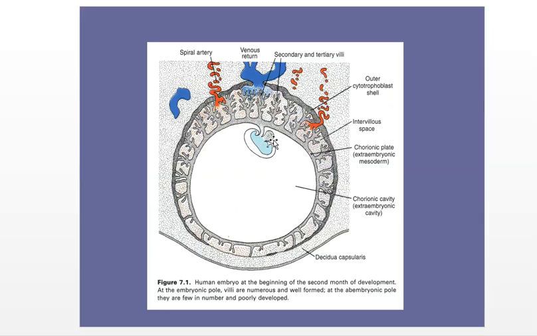In conclusion, the placenta has two parts. The maternal part is the decidua basalis, and the fetal part is the chorion frondosum. Now you can see that the chorion is formed.